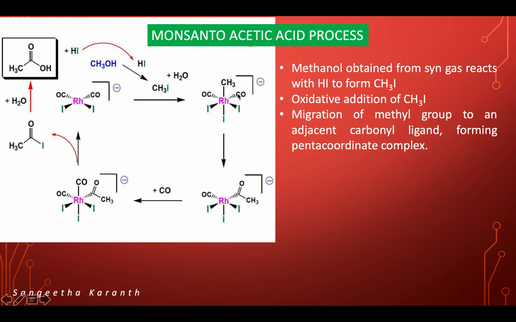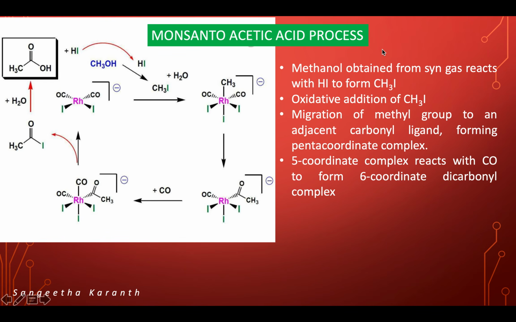So it will bond with this carbon, and you get C double bond O CH3. Migration of the methyl group to the adjacent carbonyl group. I think it is clear. So here from a 6 coordinated complex you get a 5 coordinated complex because the cis CH3 has moved to the carbonyl group to form this group.